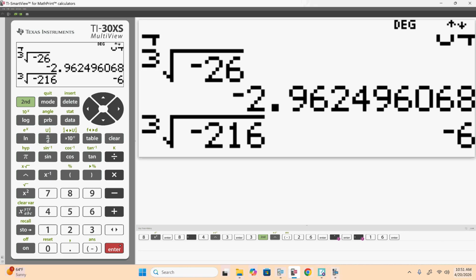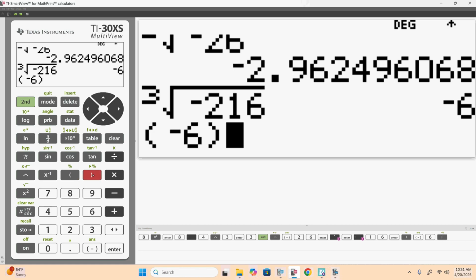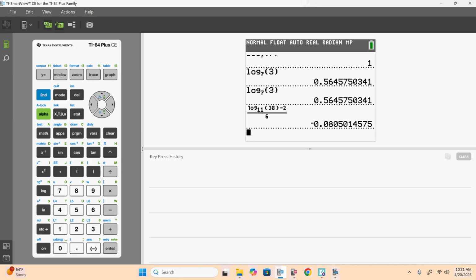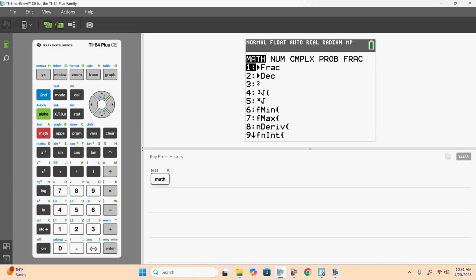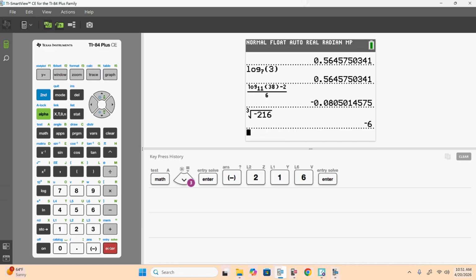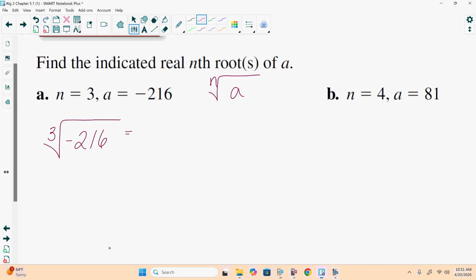Negative 6 to the third power is indeed negative 216. If we do this in the graphing calculator, we're going to have to hit math and scroll down to the cubed root, negative 216. It also tells us that it is indeed negative 6.